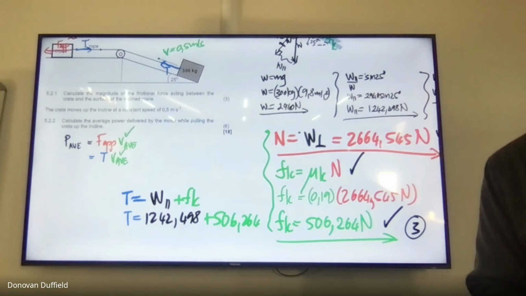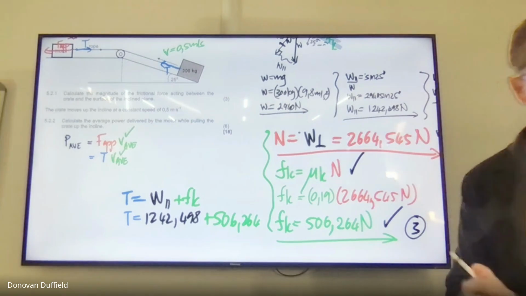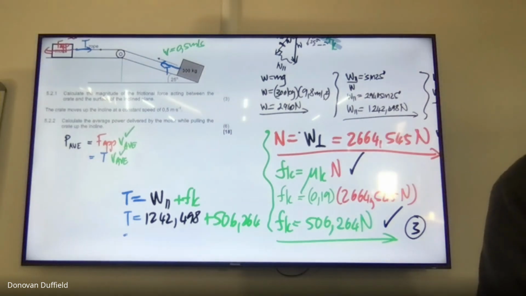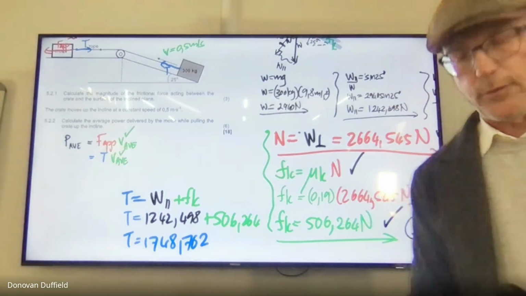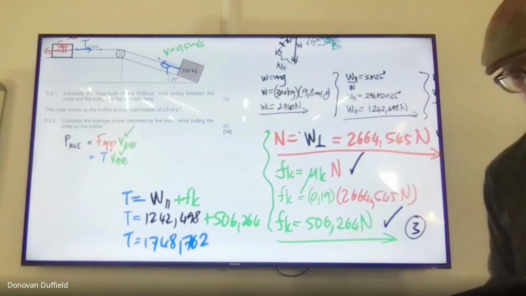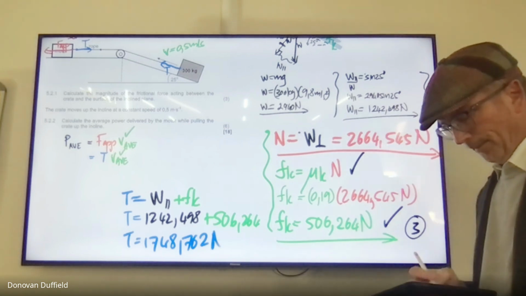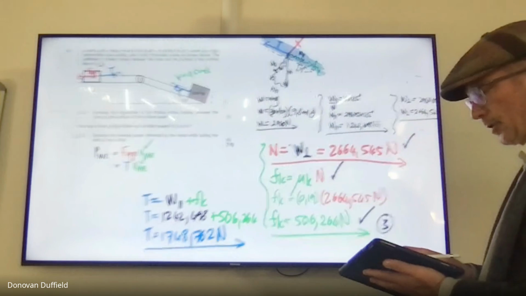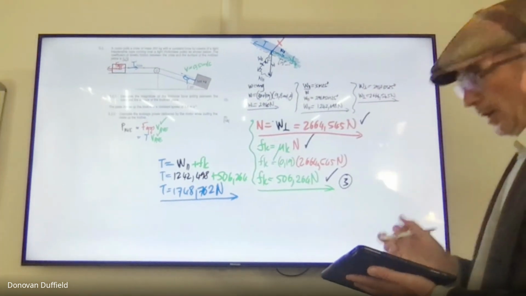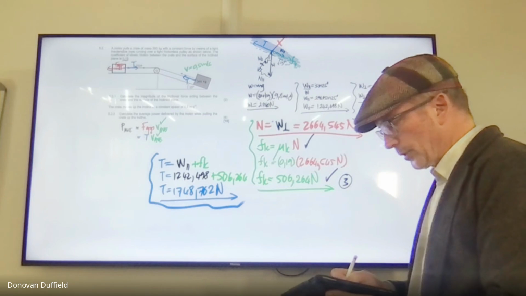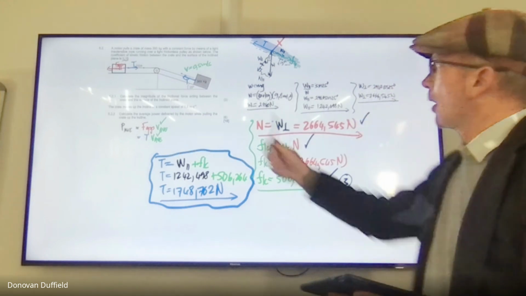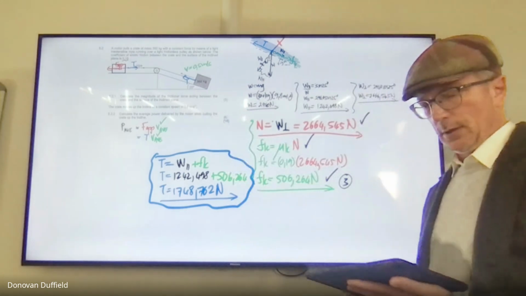Adding those two together, we get that the tension is 1,748,762 newtons. And so that is the force. This here is the force that's applied to the block to move it up at a constant velocity.